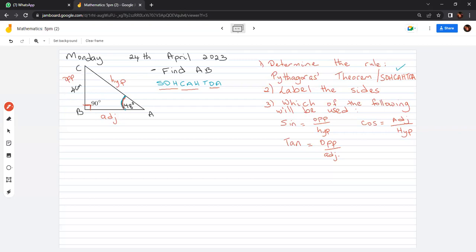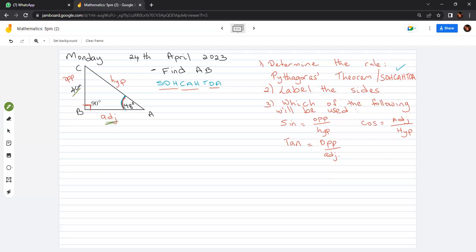And in order to know which of the three, you have to see which two sides are involved. So look at this. They gave you this length here. Now that's the opposite. And they asked you to find AB.